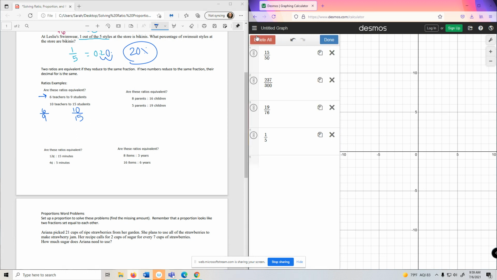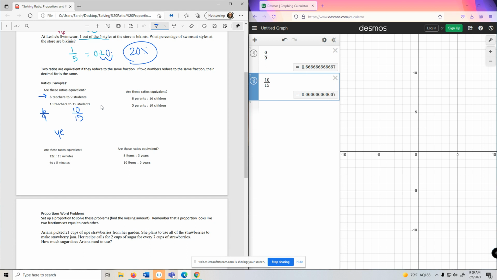You can try to reduce these by hand, or a little faster, maybe easier, would be to do things in Desmos. We get that 6 over 9 is the same as 0.6 repeating essentially. 10 divided by 15, we get the same decimal form. So yes, they are equivalent.